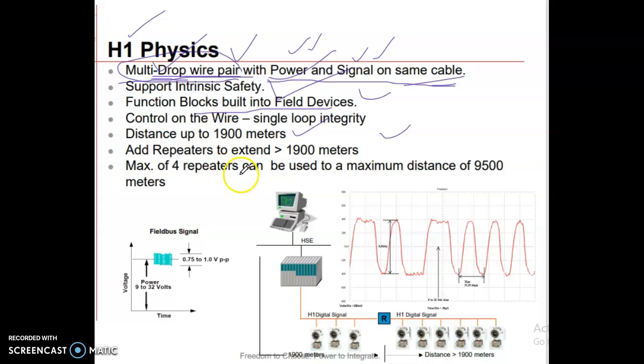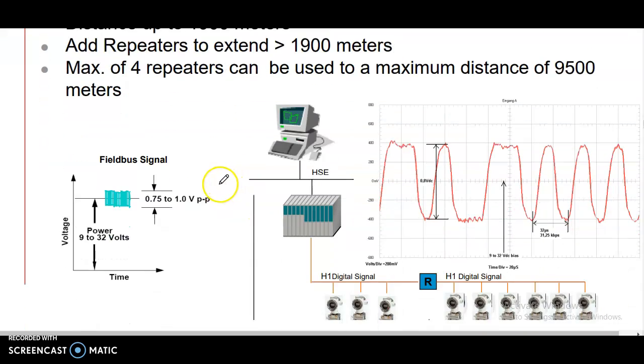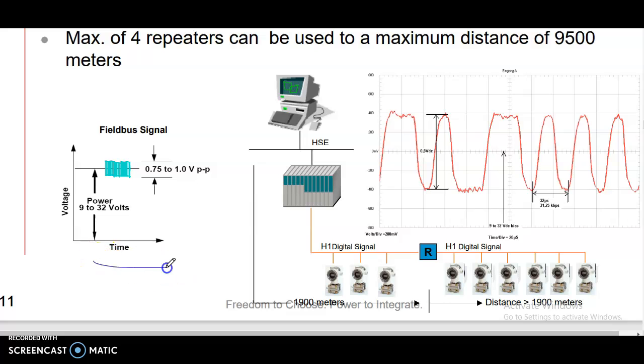A maximum of 4 repeaters can be used, for a maximum distance of 9500 meters. In the x-axis time, y-axis voltage, the Fieldbus signal here. Power 9 to 32 volts.